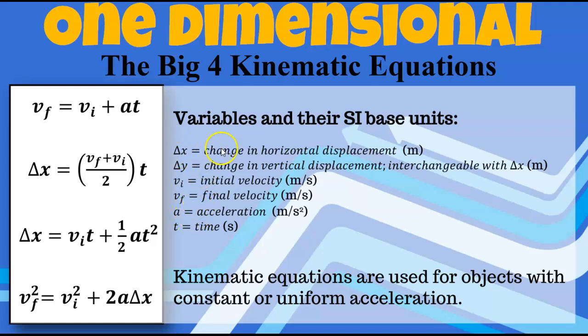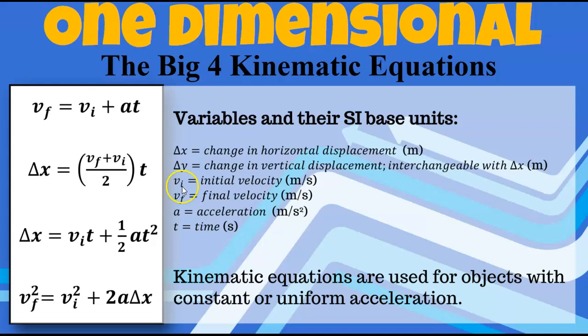We have delta x, which is change in horizontal displacement, where the unit is meters. Delta y is change in vertical displacement, which is interchangeable with delta x depending on which direction the displacement is moving, either horizontal or vertical. Again, it's position, so the unit is meters.